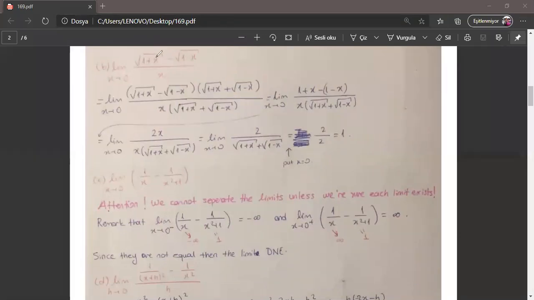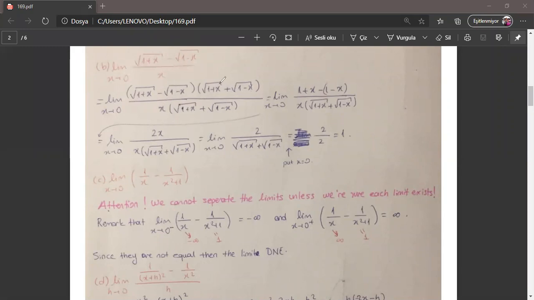Okay, now we have this function. When we see a function which includes square roots, we just multiply it by its conjugate. By conjugate, I mean if we have a minus here, then we multiply it by the one with plus.